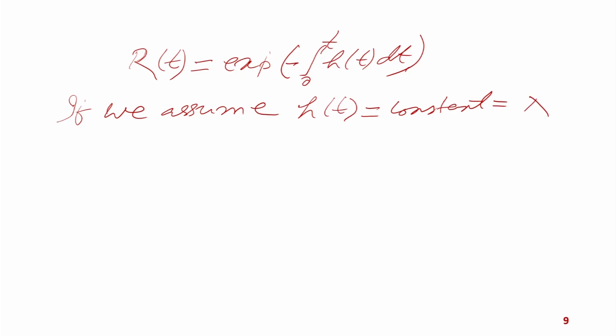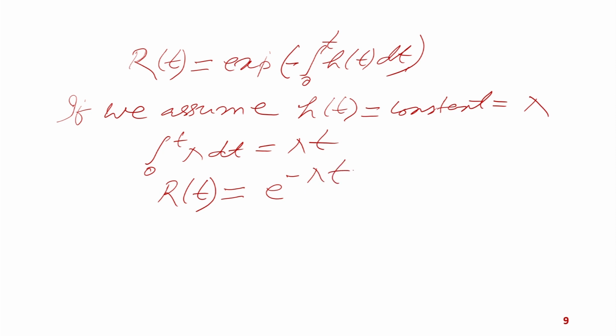If I do this integration from 0 to t of lambda dt, this will give me lambda t. So this reliability function will become e to the power minus lambda t. This is called the exponential probability function.